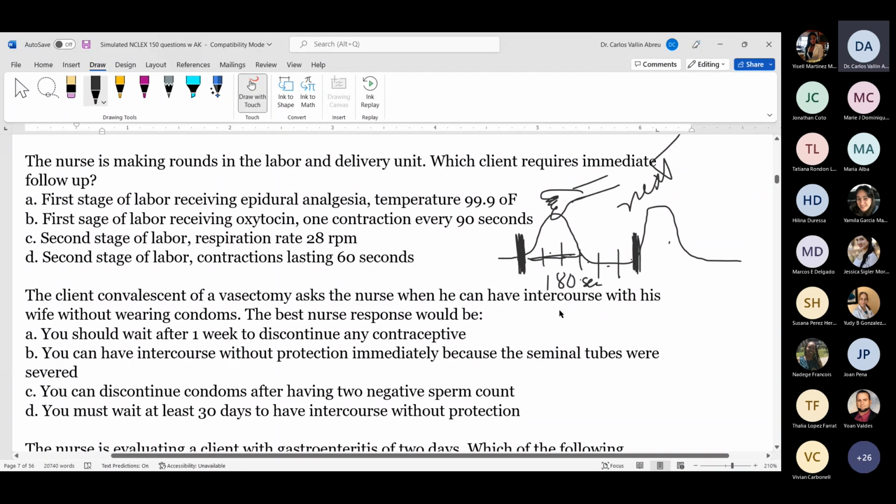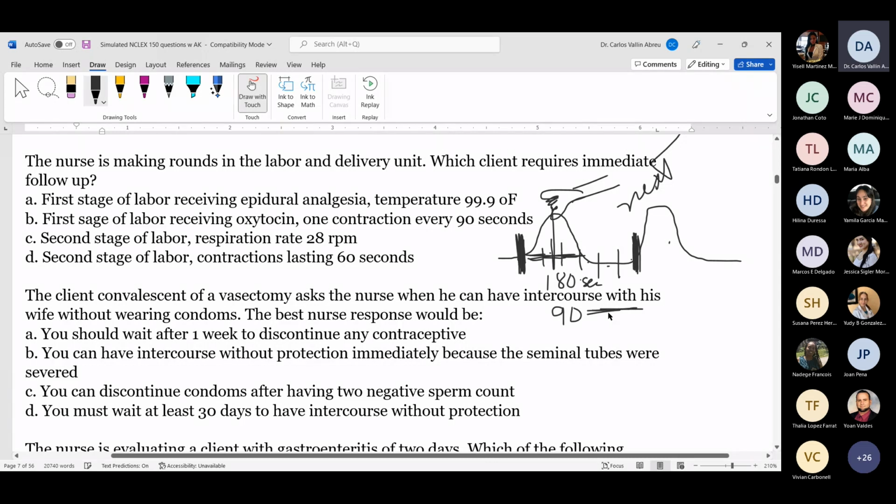The contraction should not be lasting more than 90 seconds. 90 seconds is 1.5 minutes. So I represented by mistake this contraction lasting too much, because the contraction cannot last more than 90 seconds.